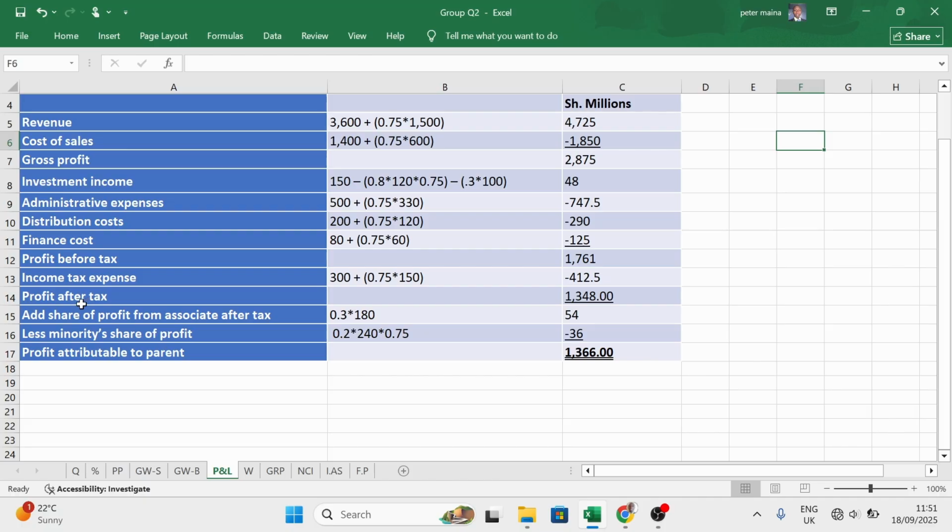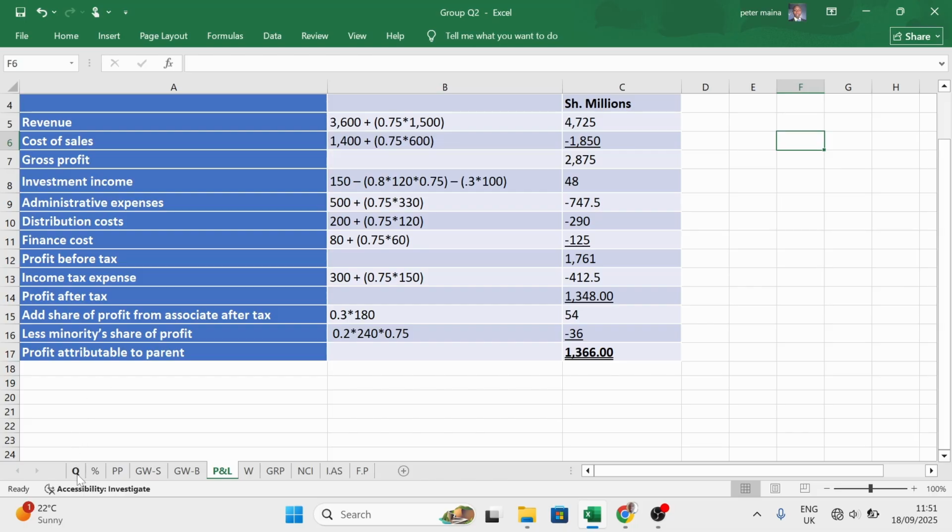Below that profit, you are going to add the share of profit from associate after tax. So the profit that was made by the associate, the parent, G Limited, is supposed to take 30% of it.